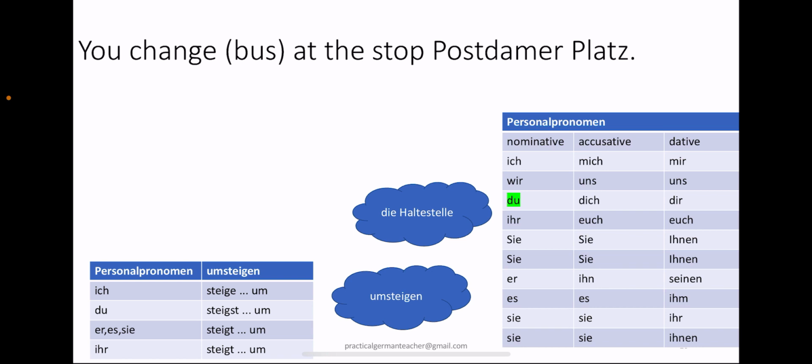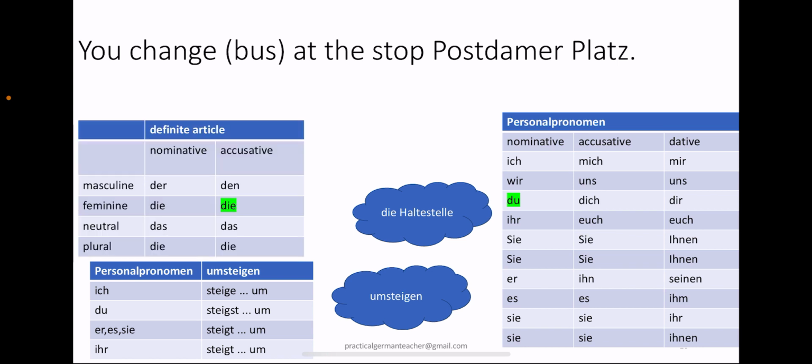This is again the table for personal pronouns. Here when you use umsteigen, you will be using a preposition, and what comes after that preposition will be in accusative format. So you need to know the accusative case for feminine bestimmte Artikel, which is die.